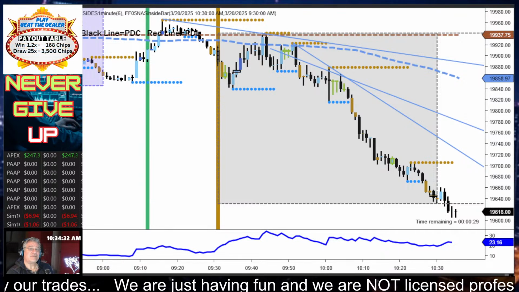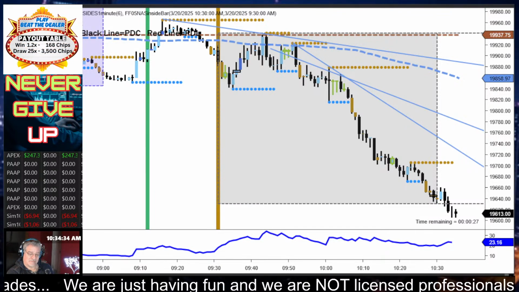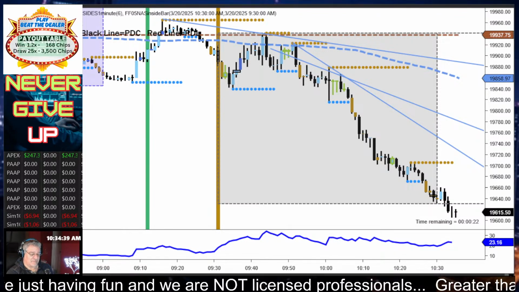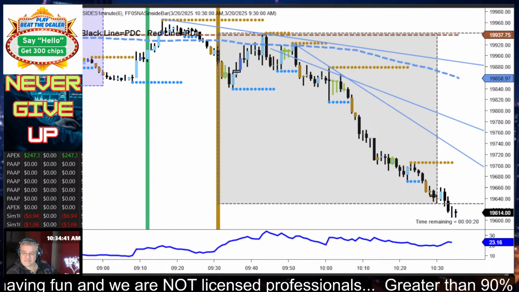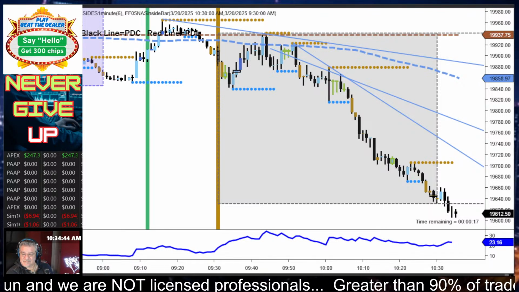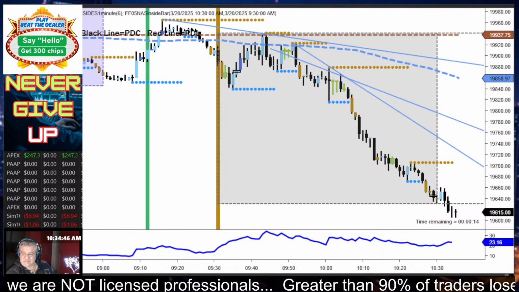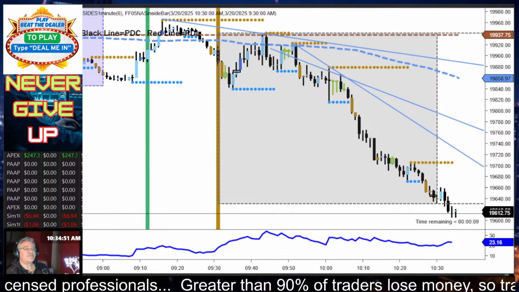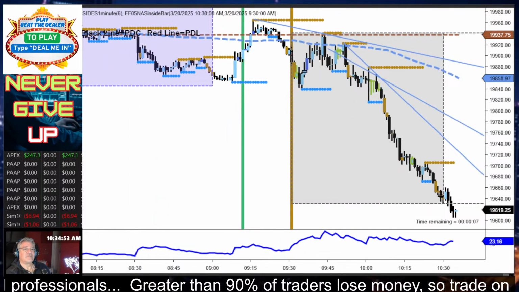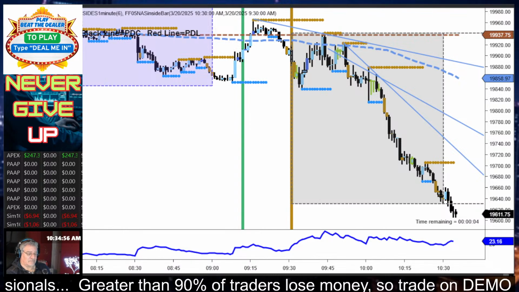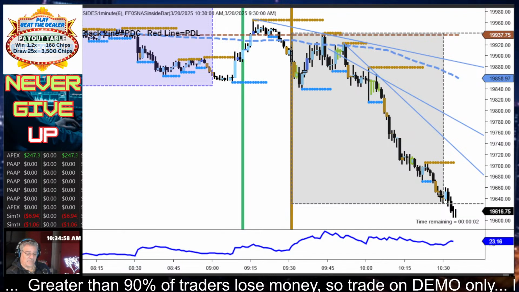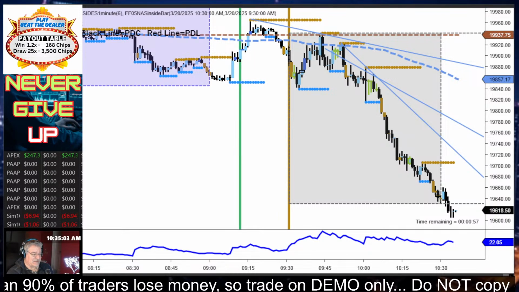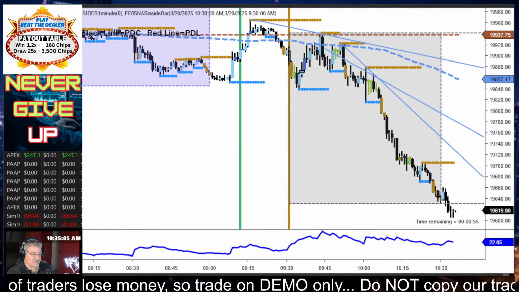We might get another short entry, but I can't say I'm crazy about taking it. Strong move down. It's a hard argument not to take it, though. There's continuation on every move, pretty much, except for one.